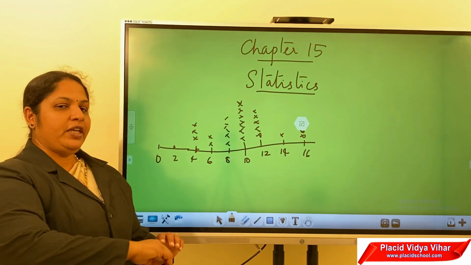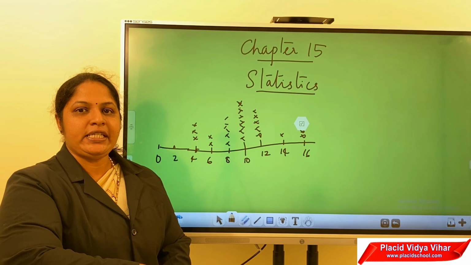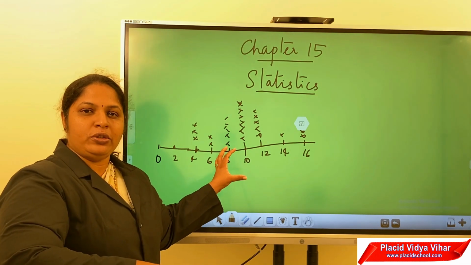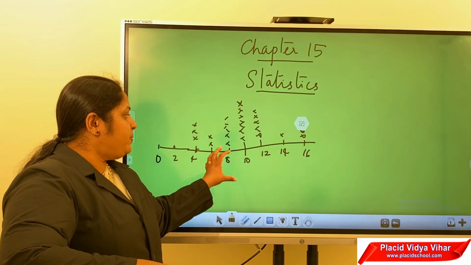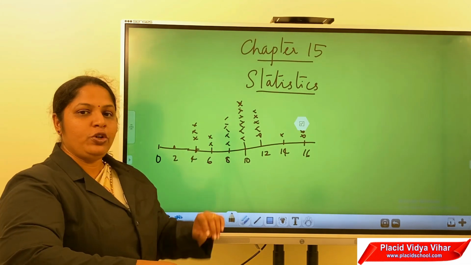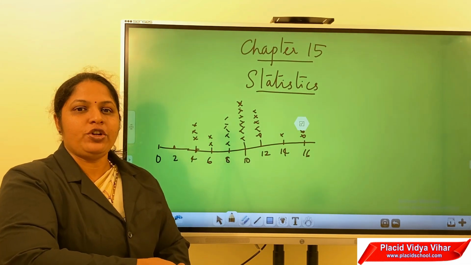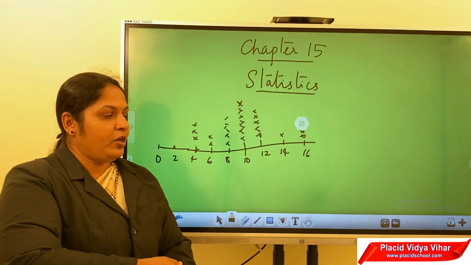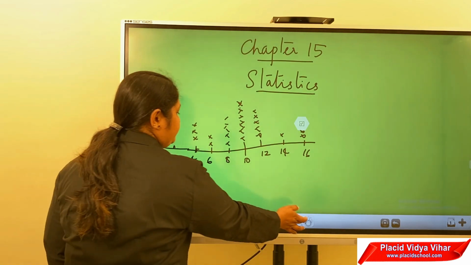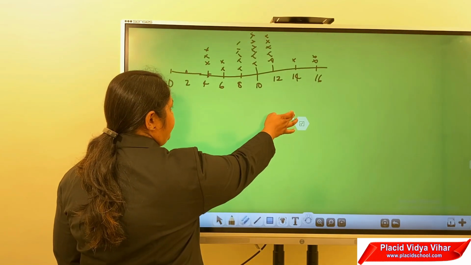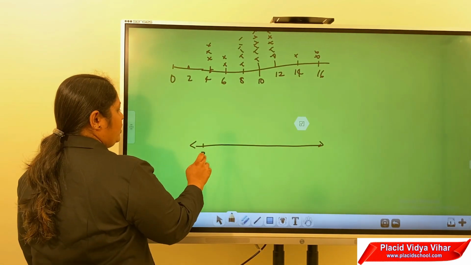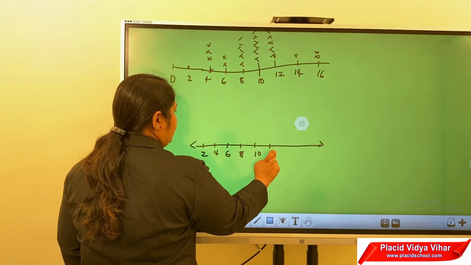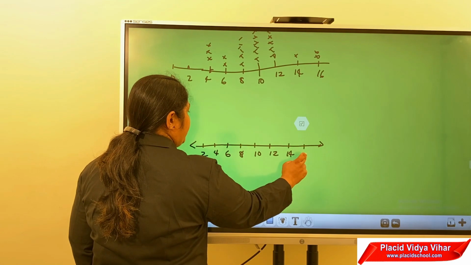From this figure, we can easily identify that the central portion or the maximum number of data is being concentrated on the value 10. That means the measure of central tendency can be approximated as 10. But look at another graph. Again, you have 2, 4, 6, 8, 10, 12, 14, 16.